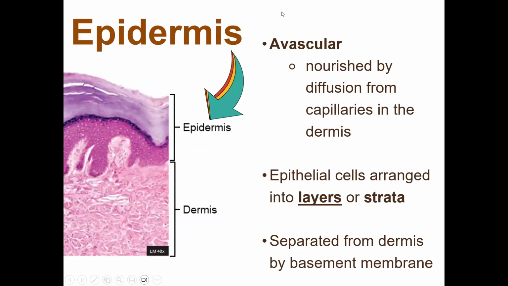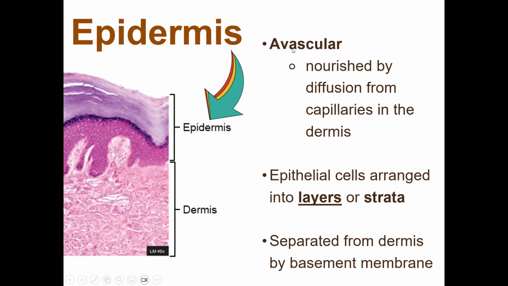All right, we'll talk about the epidermis first. So that's this whole chunk here, and you can see the cells down lower look a lot different than our upper layer, and we'll talk about that when we actually get into our different layers of the epidermis. But it's important to know that the epidermis is avascular.